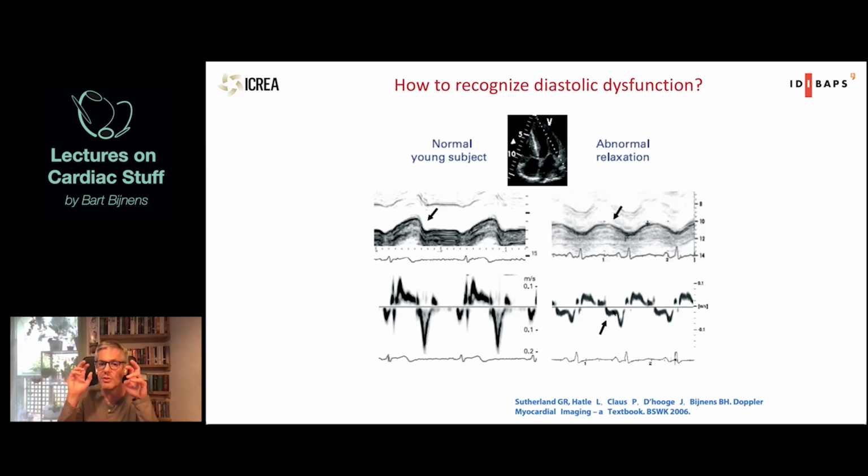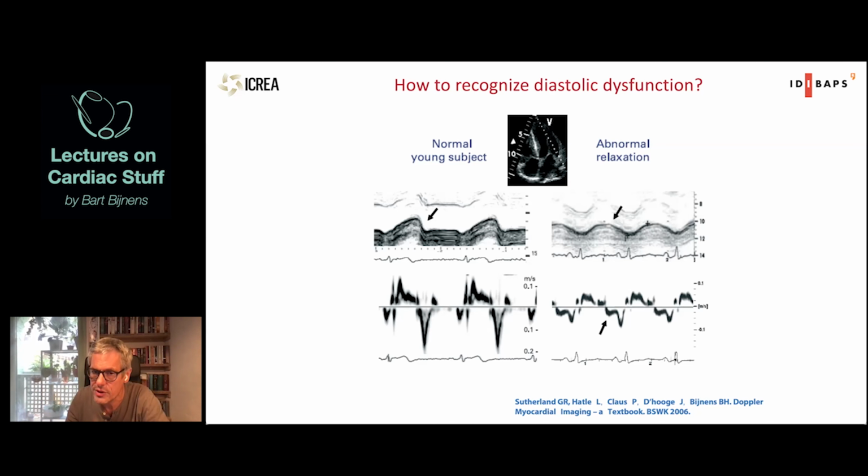So there's no non-linear effect of E prime. And that is then translated later on, we come back to that probably next week, in the use of the ratio between the blood pool E and the ring E prime. And when this ratio is changing, we can say something about this patient.